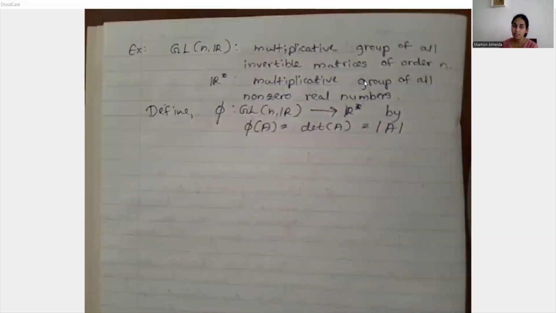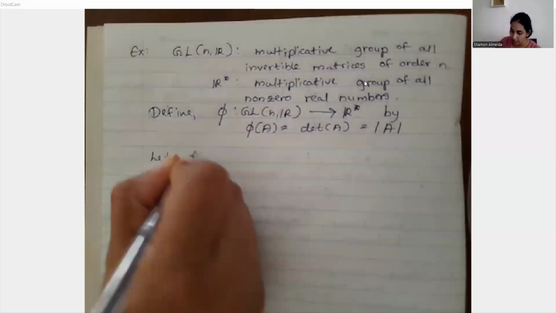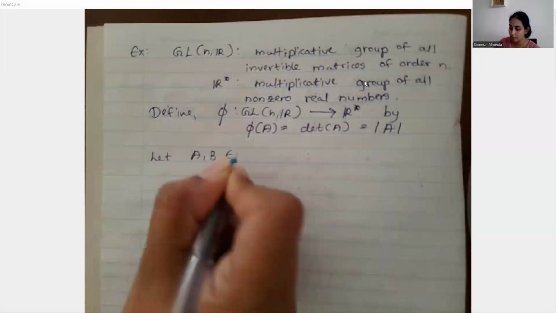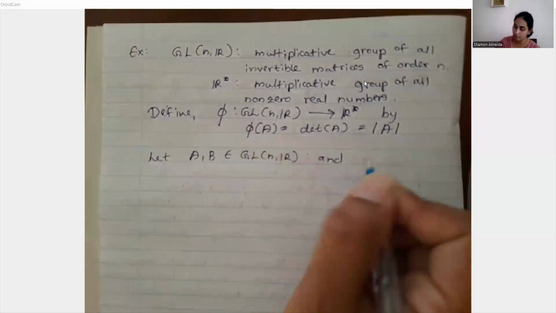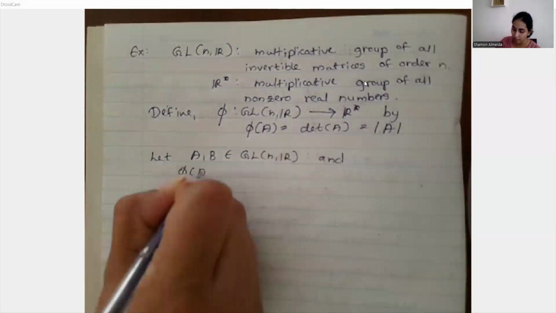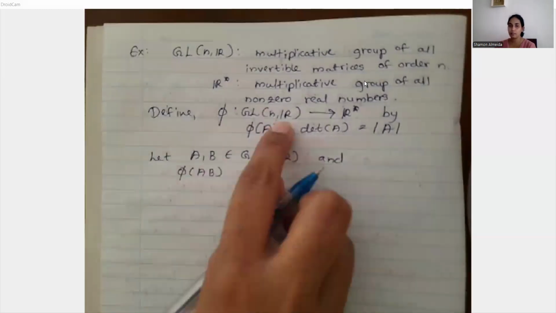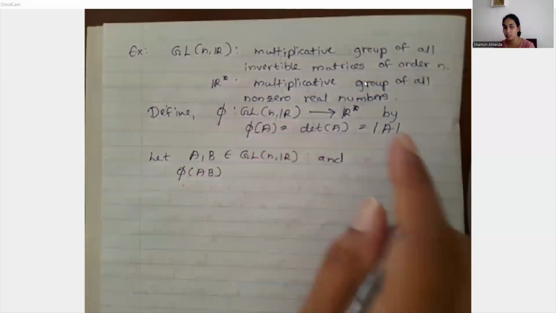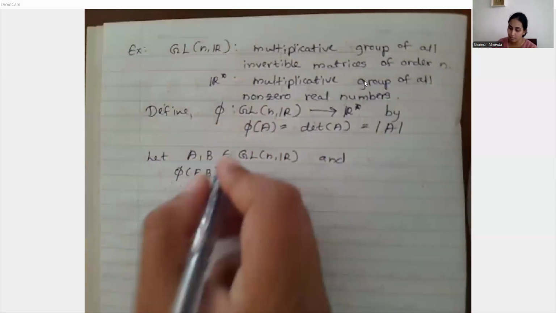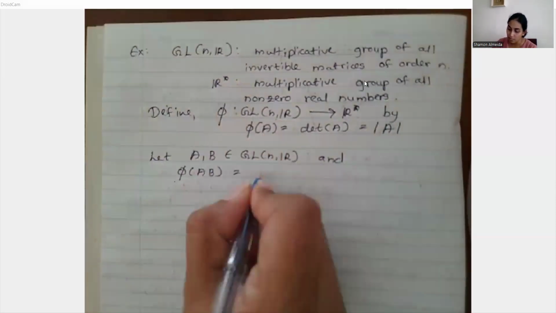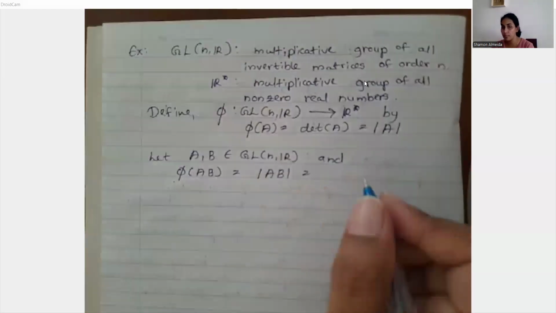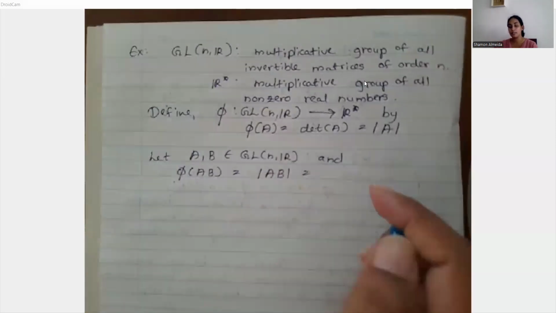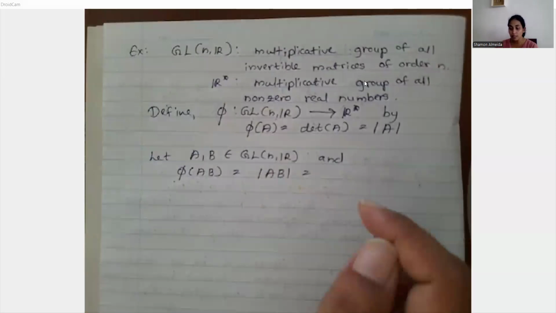And to see that this is in fact a homomorphism, let's take two matrices A, B from this set and find phi of A, B. Now this is a group under multiplication. This is also a group under multiplication. So we take phi of A times B. This is equal to the determinant of A times B. We know by properties of the determinant, you can write the determinant of the product as the product of the two determinants.